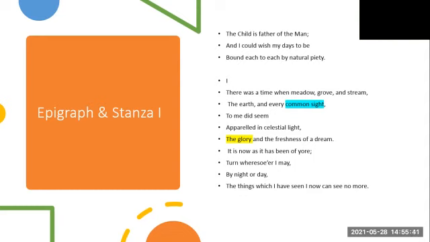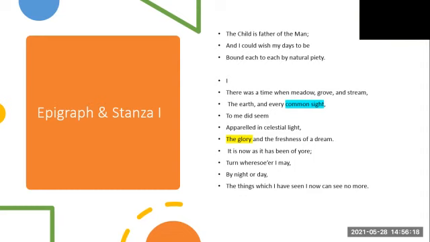I could wish my days to be bound each to each by natural piety. You know that the translation of the word piety in Arabic is something like al-taqwa. So as if this nature, contemplating nature when he was a child, gave him a feeling of natural piety. Now, on this idea, the whole poem is built.